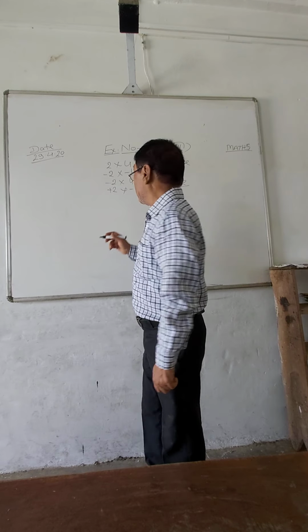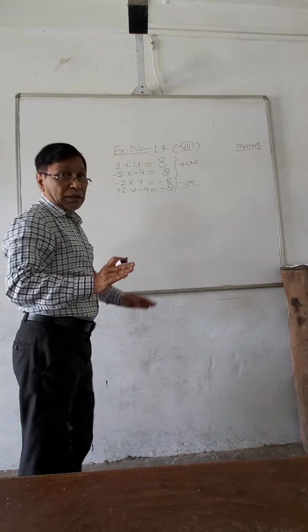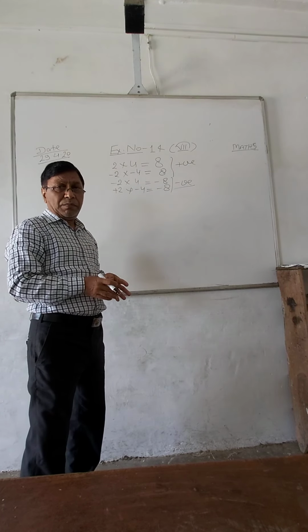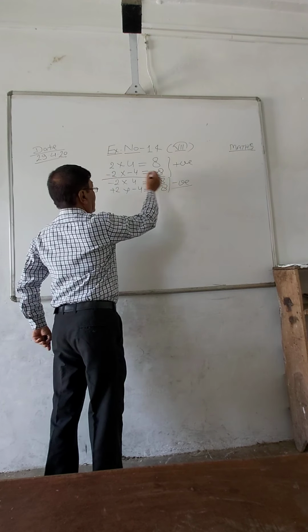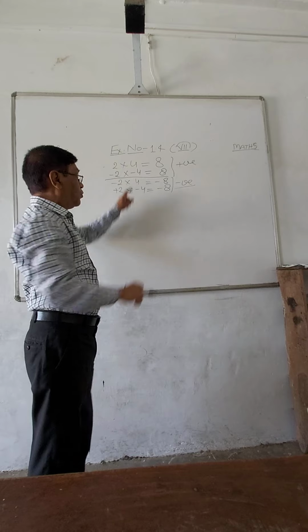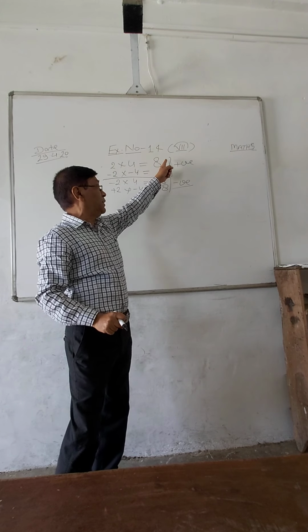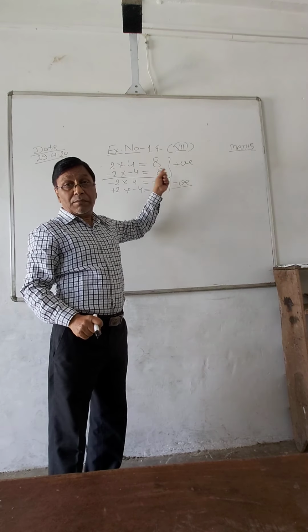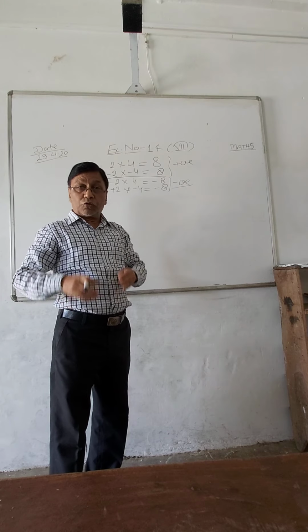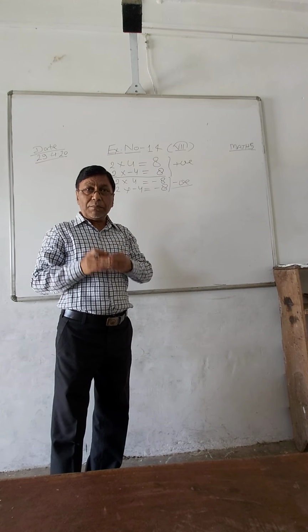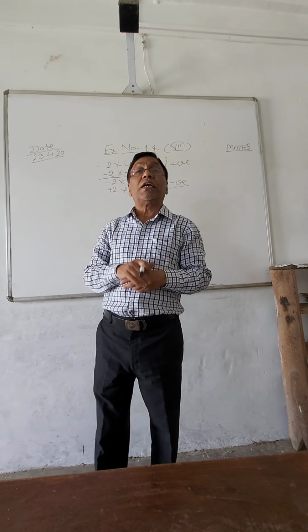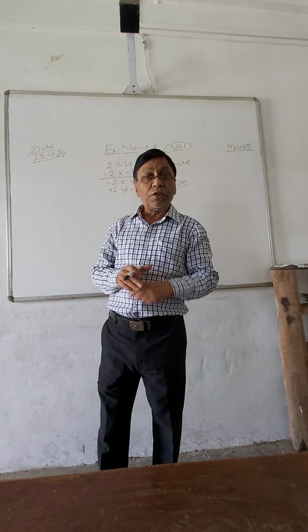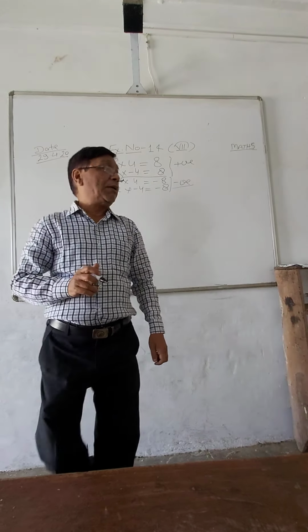And same sign means whether both the numbers are positive or both the numbers are negative. In both cases, what we have seen is that this will always become positive. So in multiplication, same sign will be positive and opposite sign will be negative. So this was the rule of the multiplication.